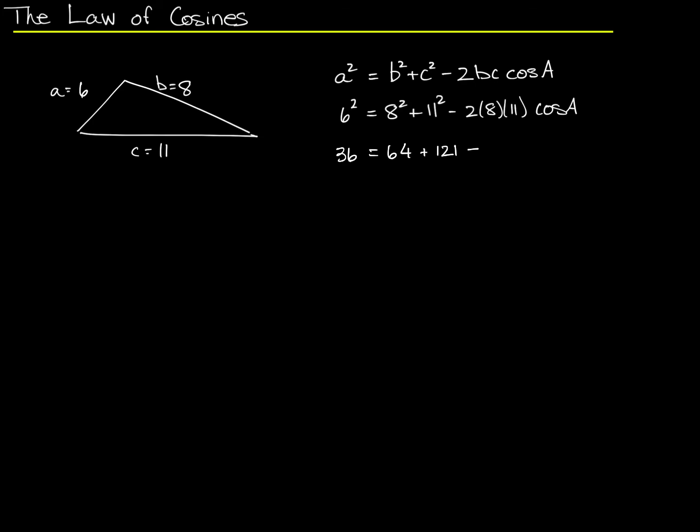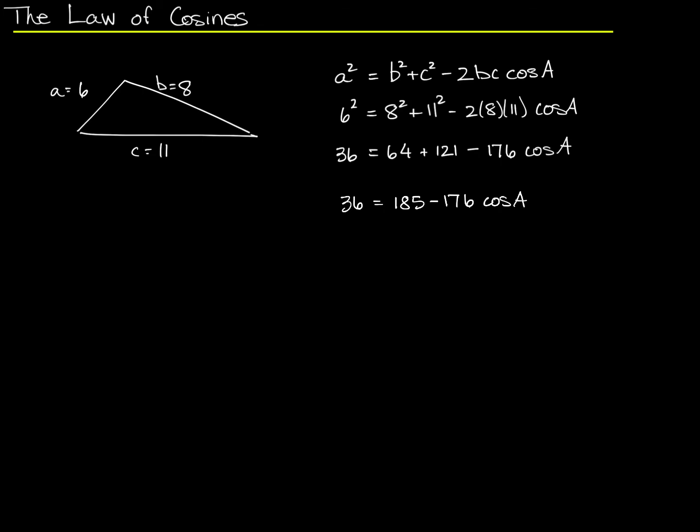Let's see, I have 2 times 8 times 11, so that's 16 times 11. I think I better just do that on my calculator. That's 176 times the cosine of A. Now I can add these two values together, but I can't subtract this one because it's part of a product. So remember your order of operations here. 121 and 64 is 185.